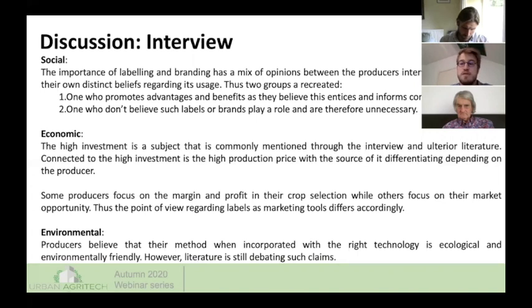But let's remember that vertical farming and controlled environment in itself is still in its infancy, and therefore will still evolve. And as mentioned by numerous producers, they are still looking at alternatives to make it as eco-friendly as possible by incorporating solar panels and rainwater collection systems to reduce the amount of input they require and therefore limit their carbon output.